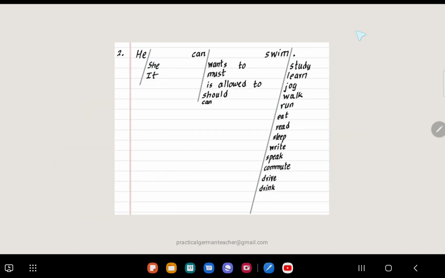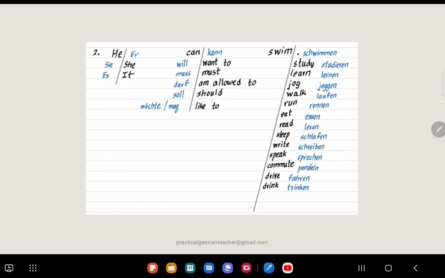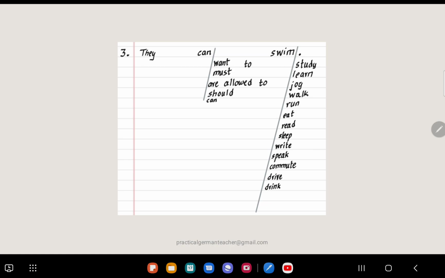Then er, sie, es. Again, because you're using a modal verb, the verb stays in infinitive form, but the modal verb may change depending on what kind of modal verb it is. Let's see if it changes. No, there is no change. What about they?